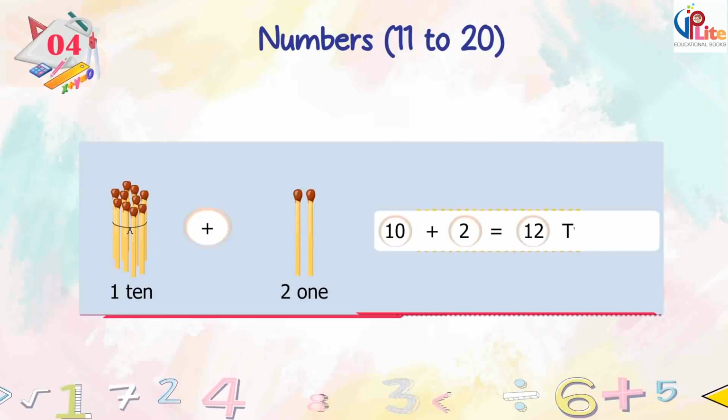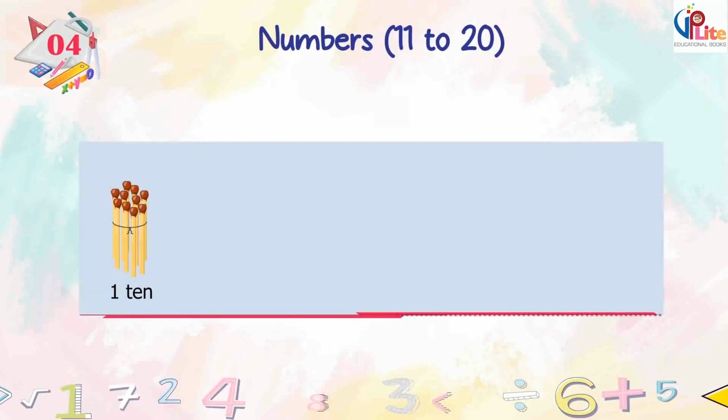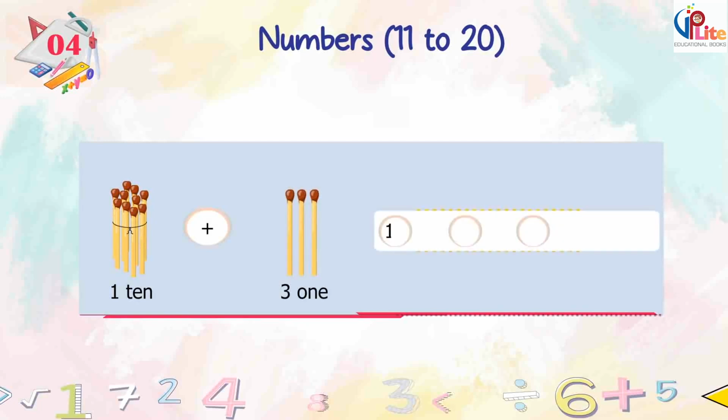T W E L V E. 1 ten plus 3. 1 ten plus 3 is equal to 13. T H I R T E E N.